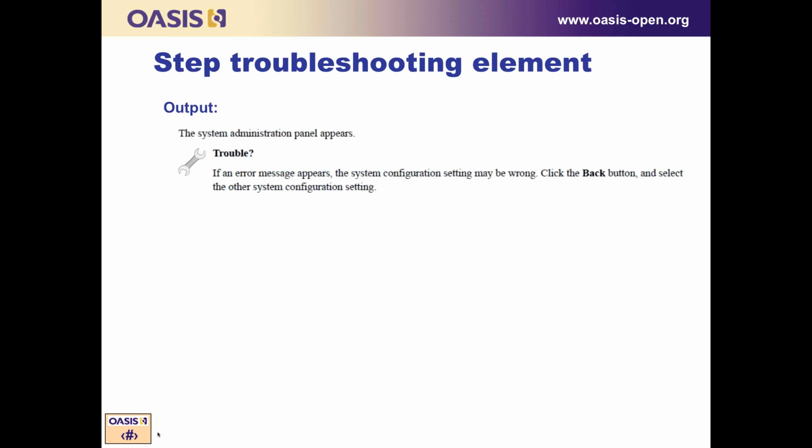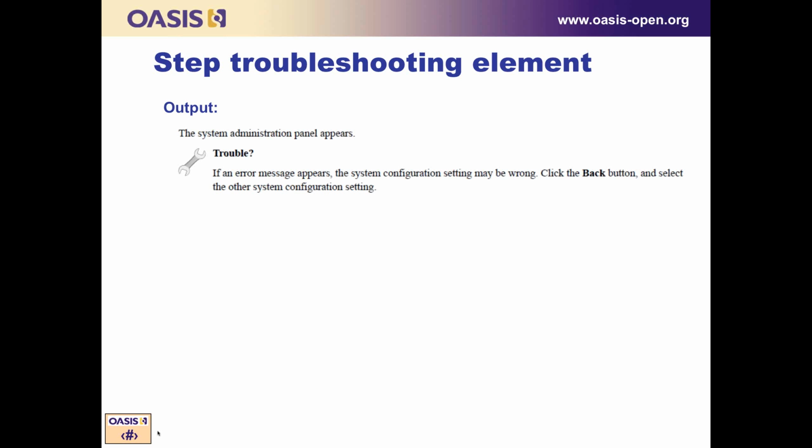Next, we're going to move on to what I call elements that are embedded inside of topics. There are a couple of them that were introduced to the task topic, the first of which is a step troubleshooting element. In this output example here, we have a step result saying that the system administration panel appears, and then we have step troubleshooting information that talks about what happens if it doesn't appear.